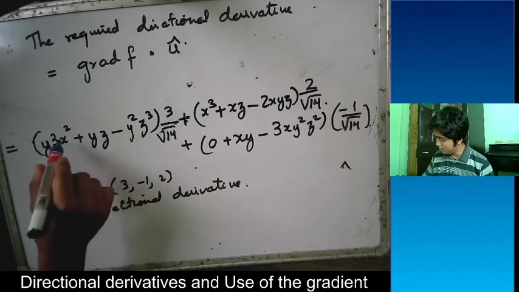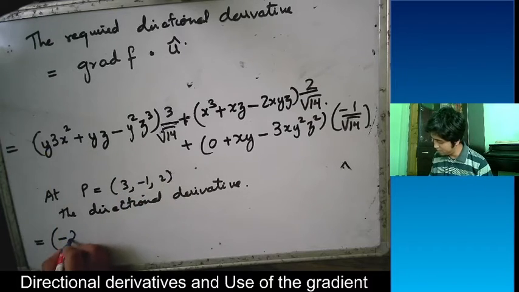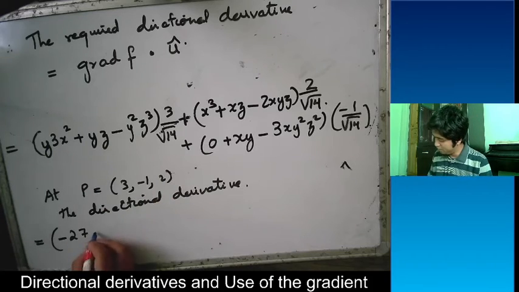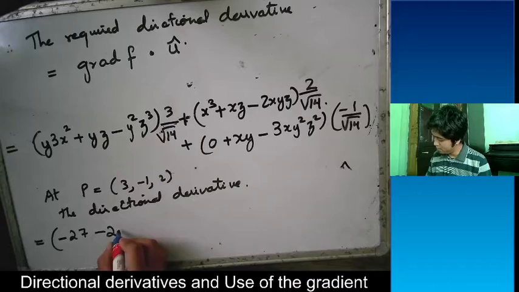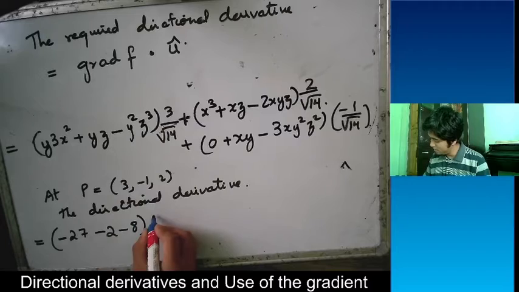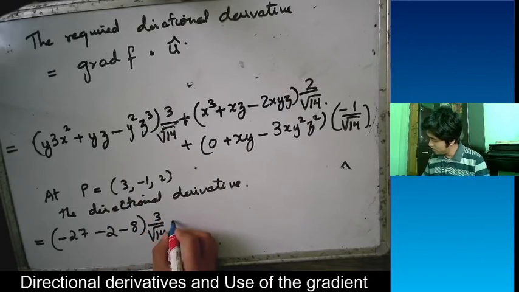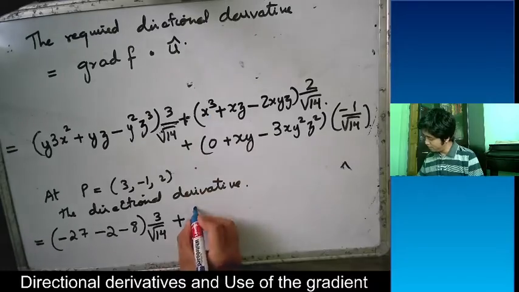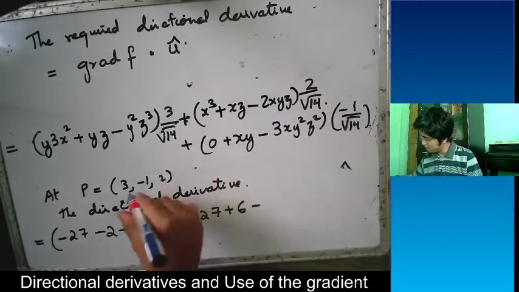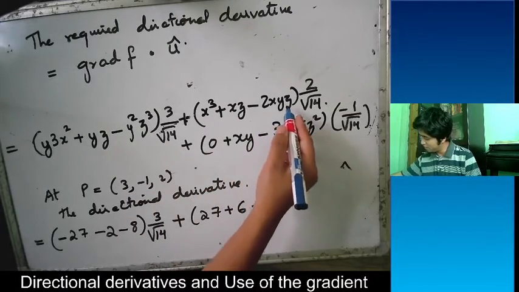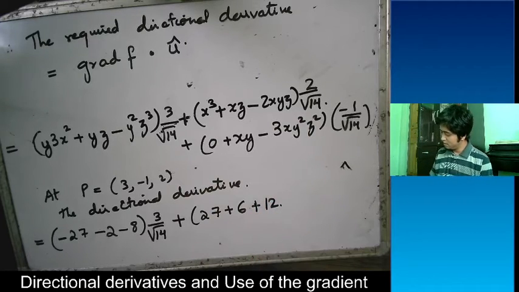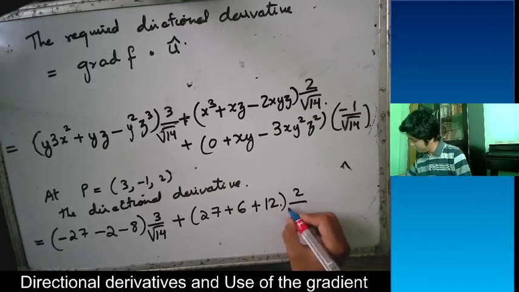Minus 3x squared, 3 squared will give you 27, plus yz will give you minus 2, minus y squared is 1, z cubed is 2 cubed, minus 8, plus x cubed again will be 27, xz plus 6, minus 2xyz, 12 plus 12, times 2 upon root 14.